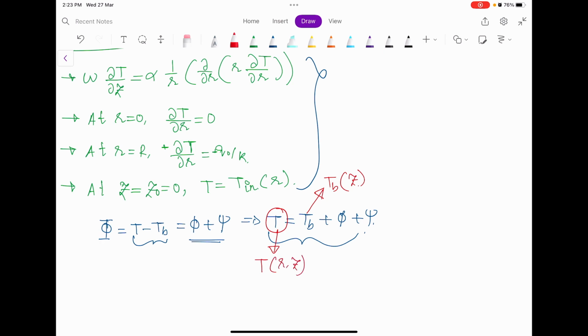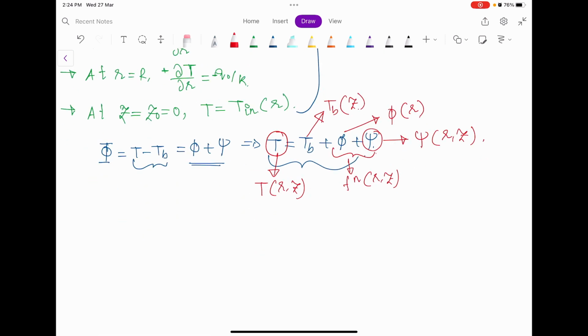Now I am seeking a solution of phi that is only a function of r. Then psi can be a function of anything: r only, z only, or r and z. So I am taking it as a function of r and z.